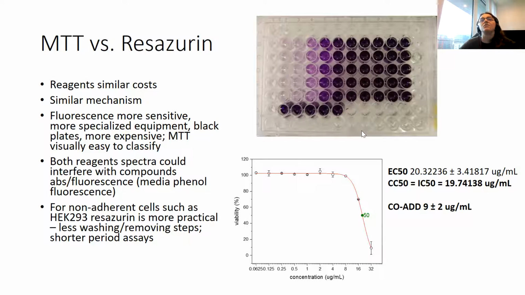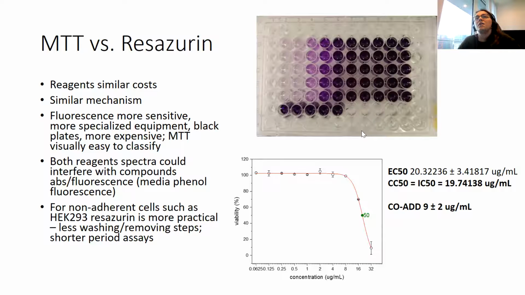So just briefly to comment on the assay that we use, because as I mentioned at the beginning, we used essentially a different way to detect the same thing. The way we measure cell viability is by looking at mitochondrial activity and metabolic activity of the cell, essentially.